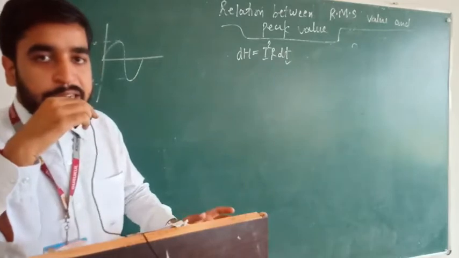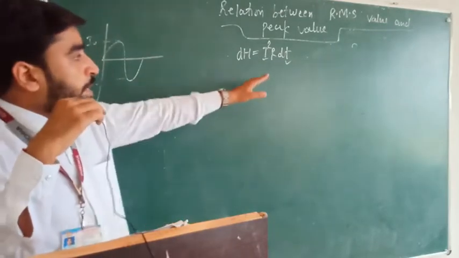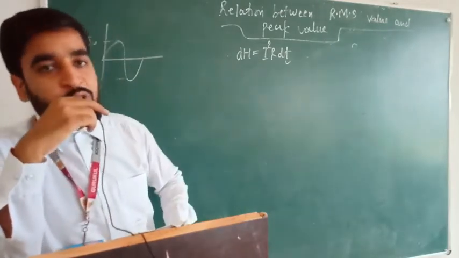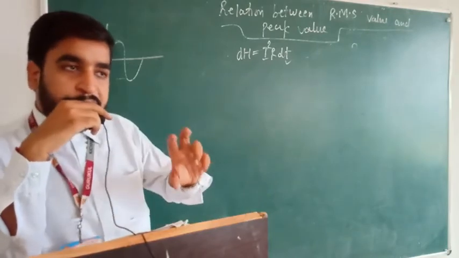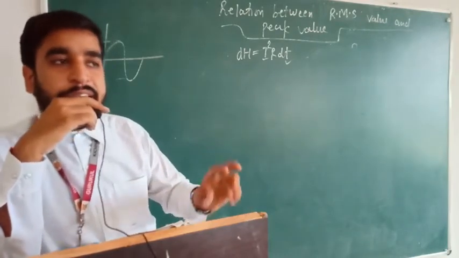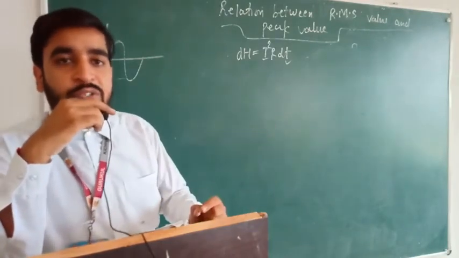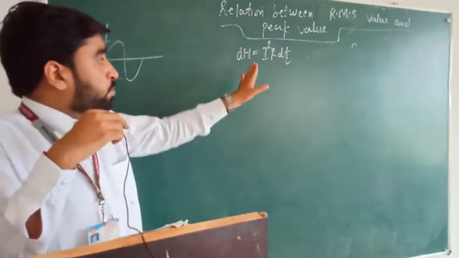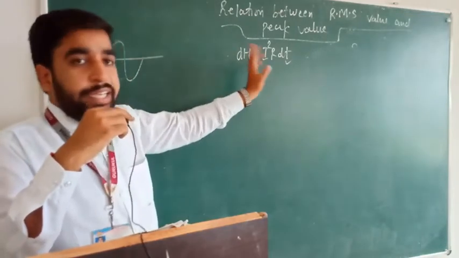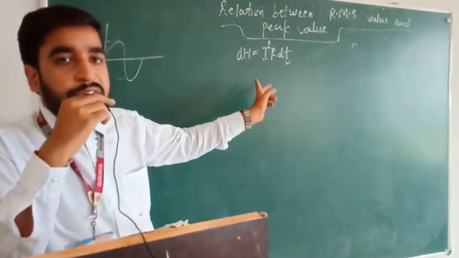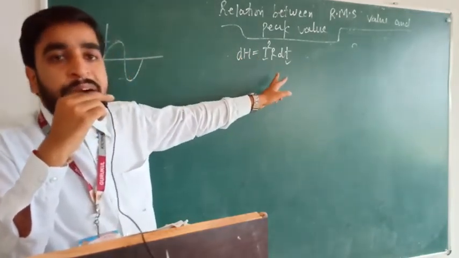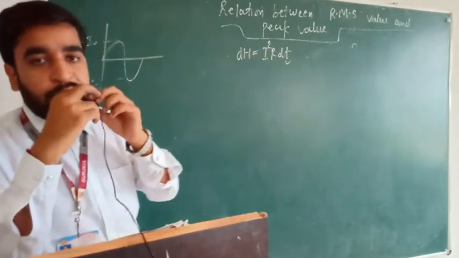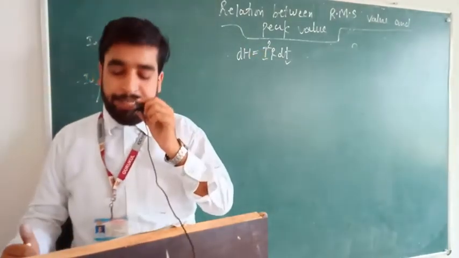But we can assume it to be constant for a very small time interval dt, and then the heat will be small too. So in time dt, dH is the amount of heat transferred when I is the current passing through the resistance R. So dH is equal to I square R dt.